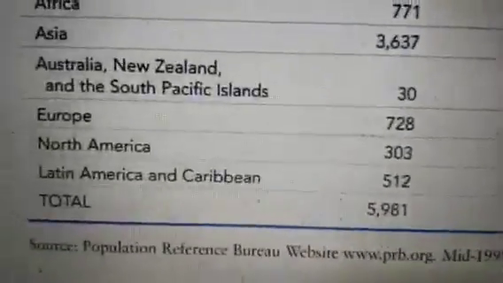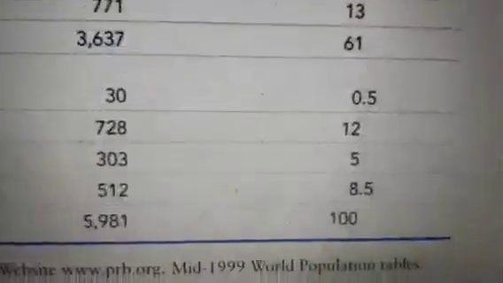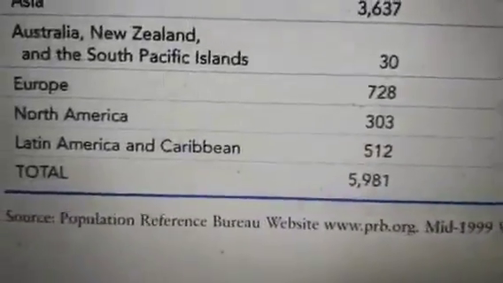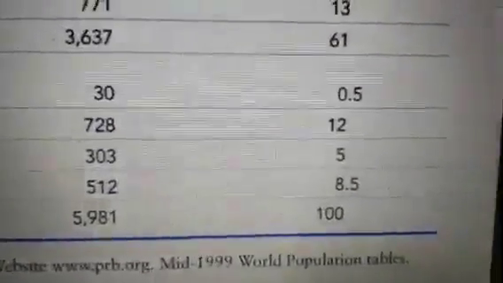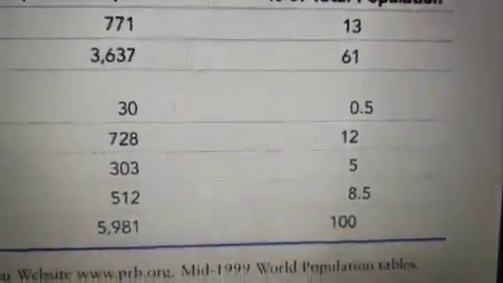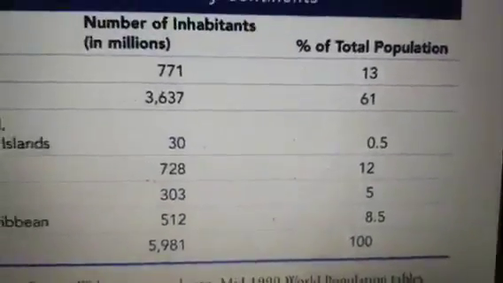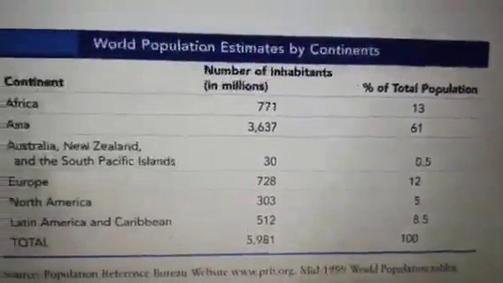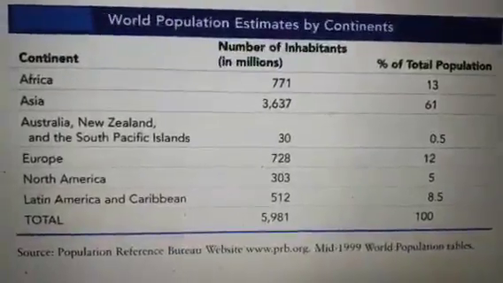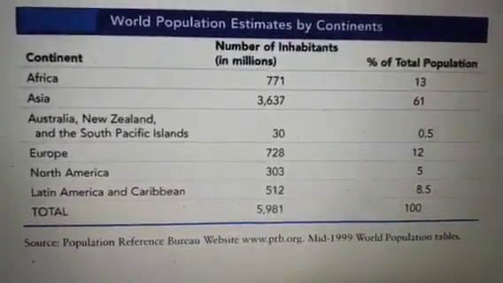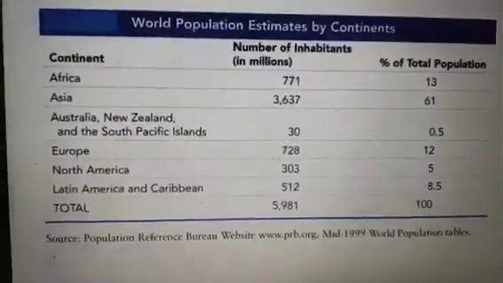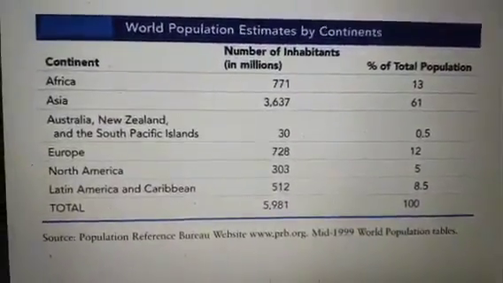Europe contributes 12%, North America only 5%, and Latin America and Caribbean 8.5%. So overall in 100%, you can see that Asia contributes the most around the globe. This is how you can narrate the story of development around the globe.